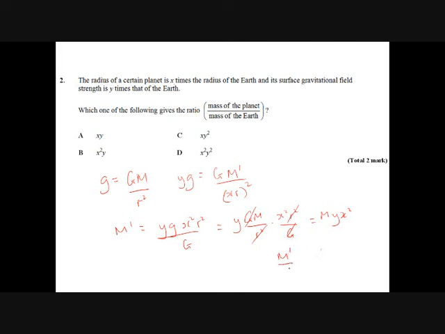And then if I divide by M, M dash over M equals yx squared, or as they've got it written down here, x squared y. Quite a tricky one, that one though.